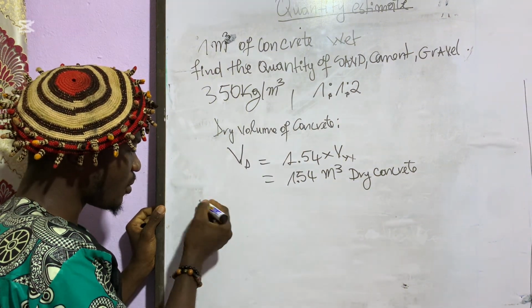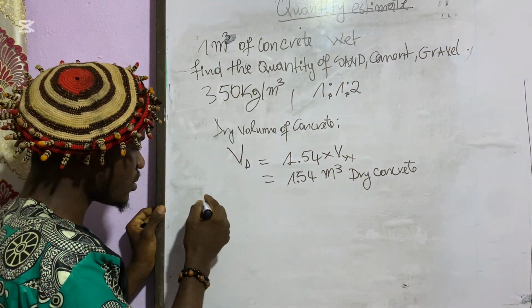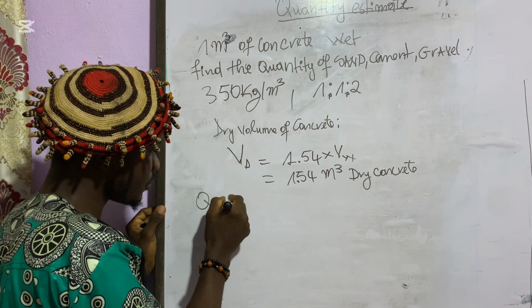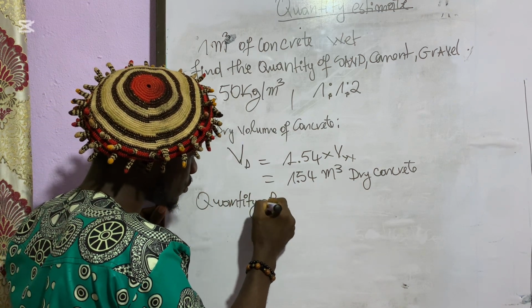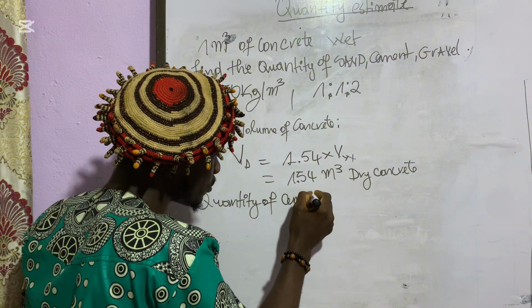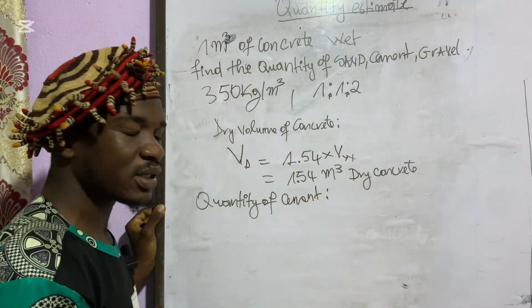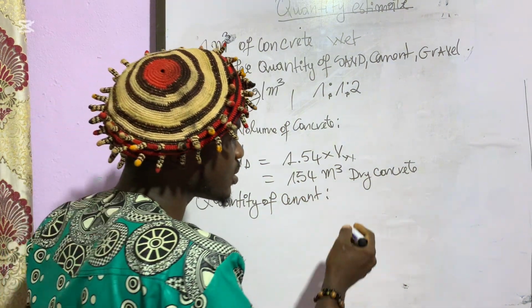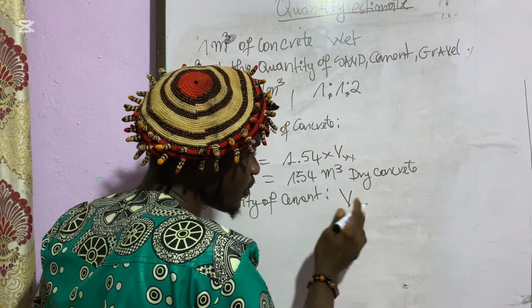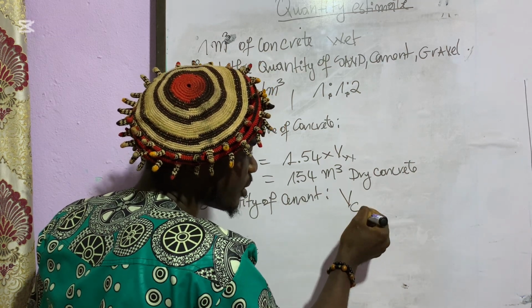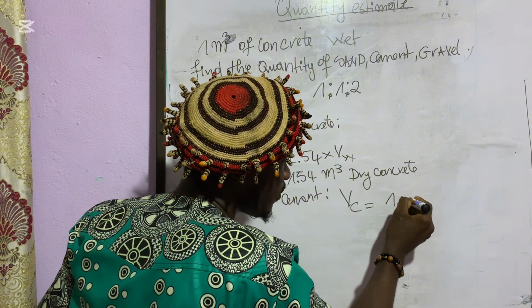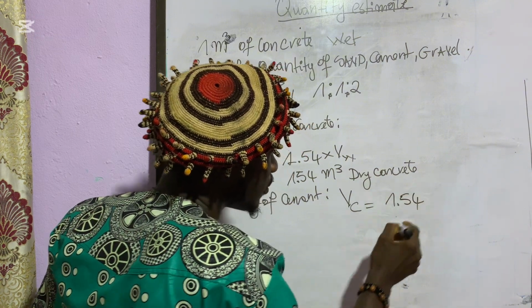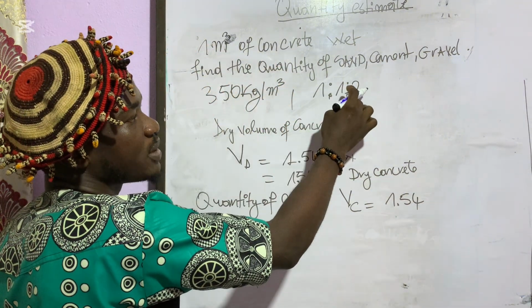For example, how do I get the quantity of cement? The quantity of cement, V cement, will be equal to this volume, 1.54, multiplied by the cement coefficient over the sum of all these coefficients.